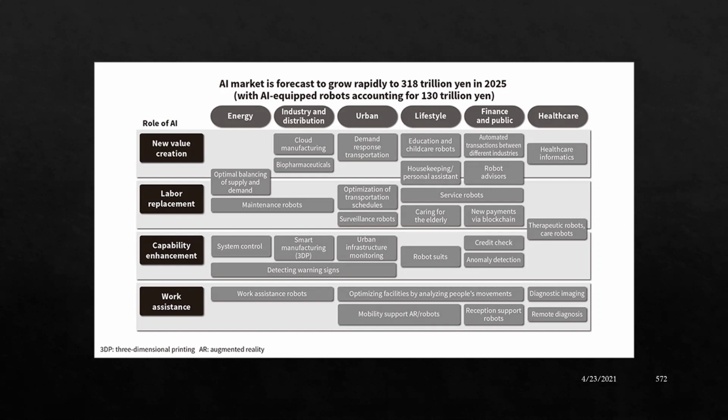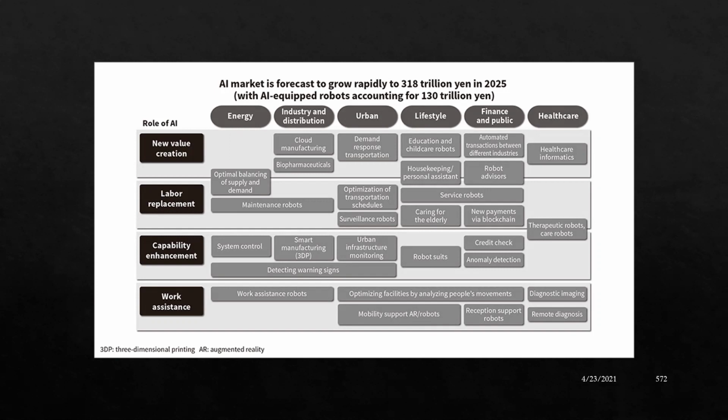If you plot the role of artificial intelligence in terms of how it creates value, how it replaces labor, how it enhances capabilities, and how it assists work procedures in companies or processes, and then you match all these different technology requirements across the impact on different markets, such as the energy market and the lifestyle market, and these different layers of technologies like value creation and labor replacement.